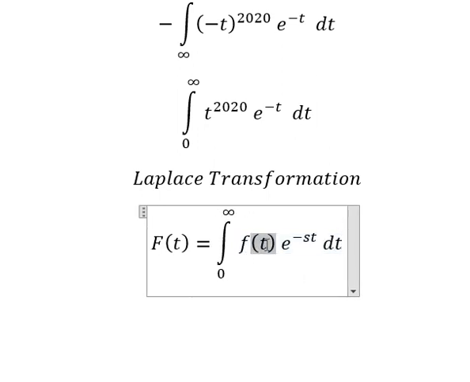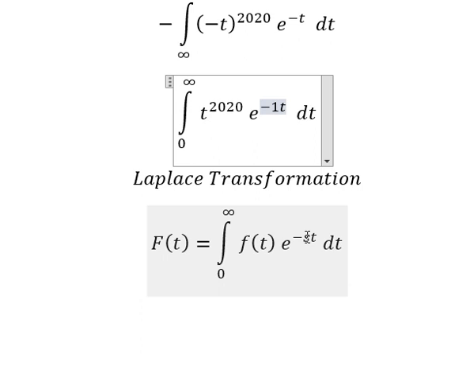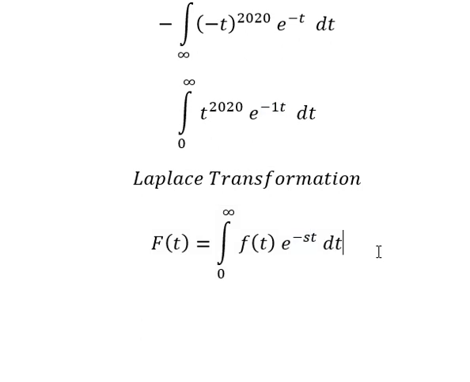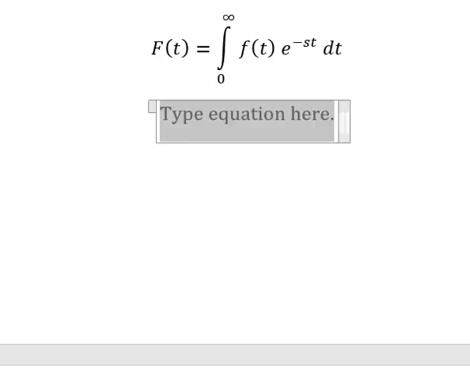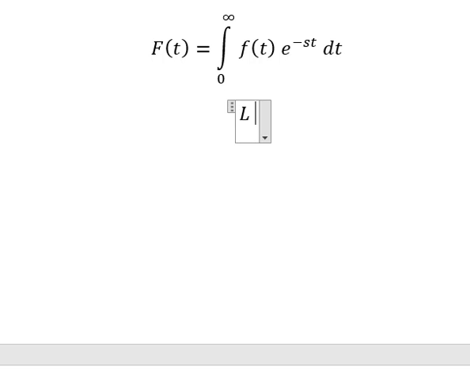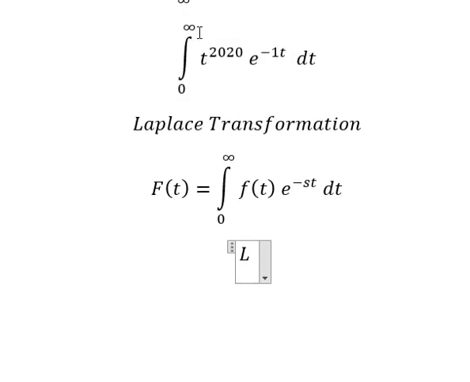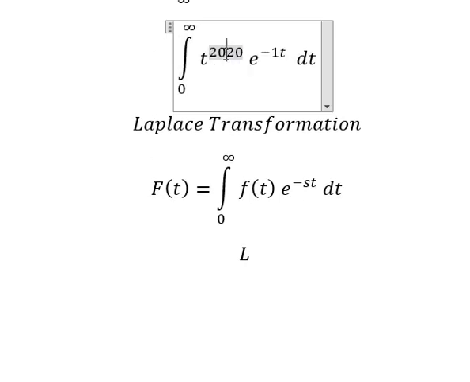So f of t, that is t to the power of 2020. Because we have negative number 1, that means h equals number 1 in here. So if we apply the Laplace transformation, f of t is this one in here.